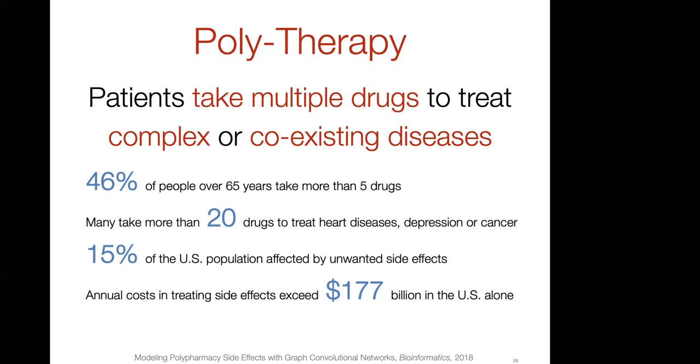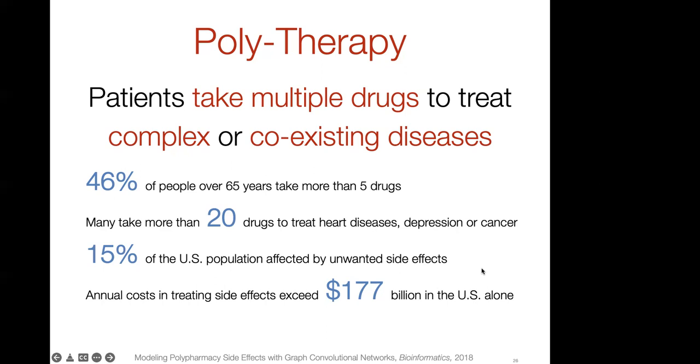And that is challenging because patients that take more drugs at the same time are at higher risk of developing unwanted adverse events. 15% of the US population is affected by those adverse events, and that creates a problem both for individuals and for the entire healthcare system in terms of treating and mitigating those adverse events.